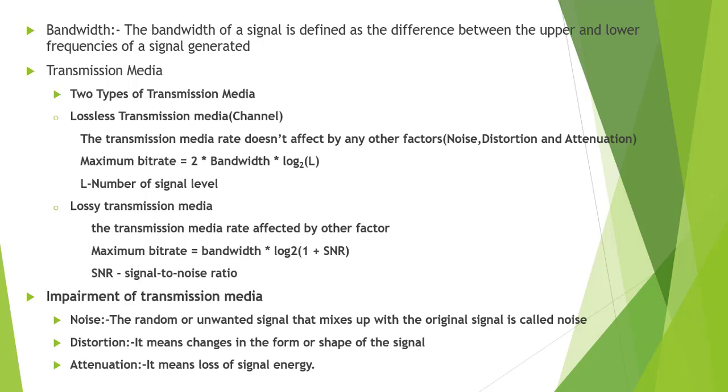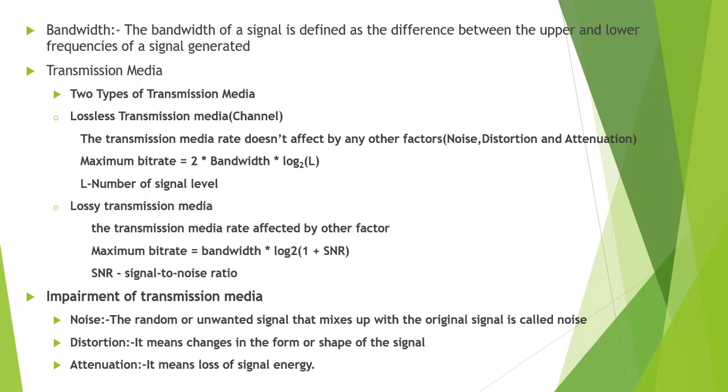In transmission media, there are two kinds used in data communication. First is lossless transmission media, second is lossy transmission media. In lossless transmission media, the transmission rate is not affected by any other factors. Factors mean environmental factors such as noise, distortion, and attenuation.